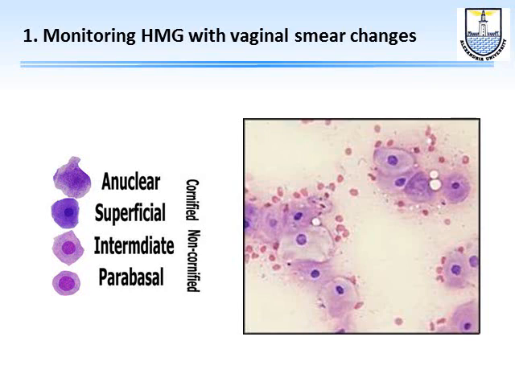So how do you monitor with vaginal smears? You look at the smears. We know there is the vaginal smear score, which is the percentage of the parabasal cells and the basal cells and the intermediate cells, then the superficial cells. And if the woman is producing enough estrogen, then we will have a preponderance of superficial cells.